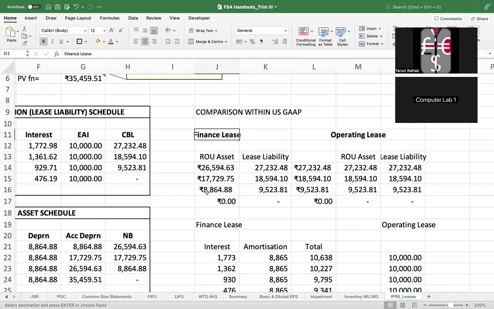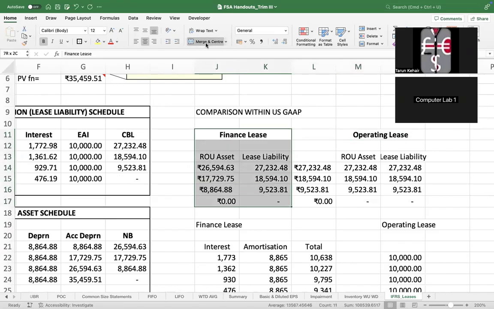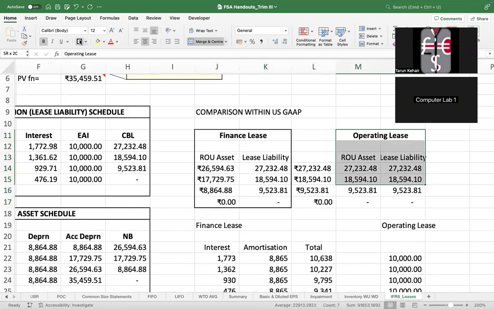This part here that you see is your finance lease and this is your operating lease. This is the finance lease schedule for the ROU asset and lease liability, and this is the operating lease schedule for the ROU asset and lease liability.